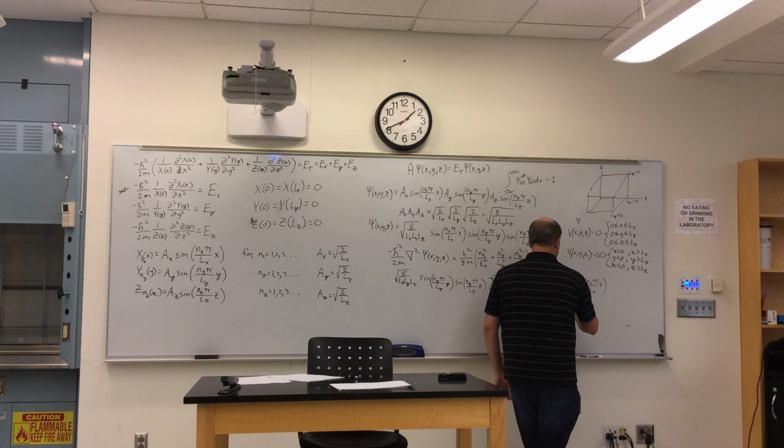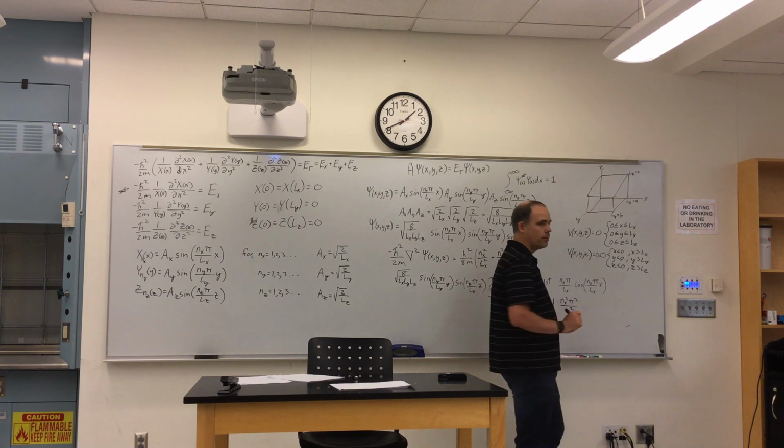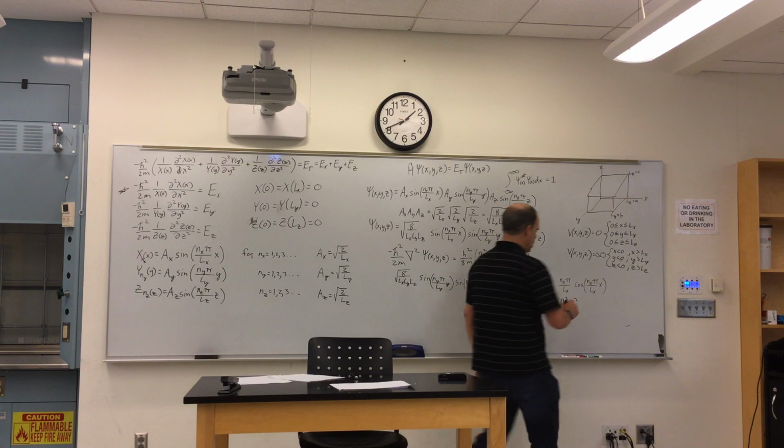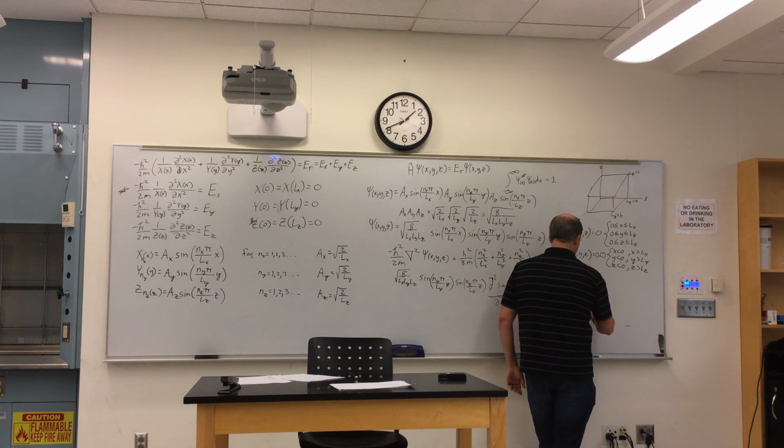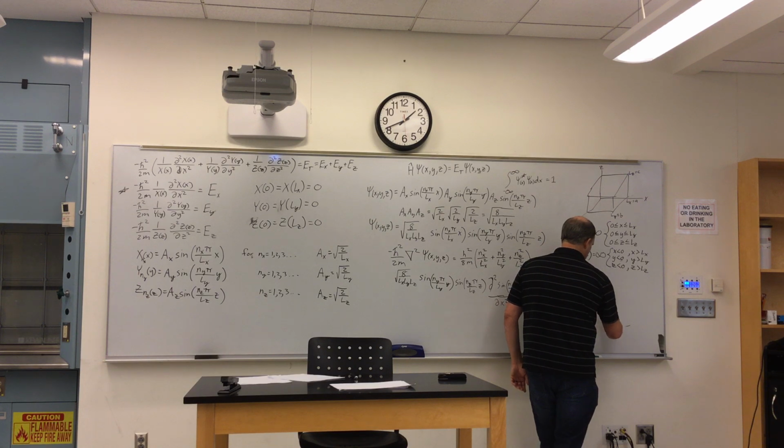So we would get nx squared pi squared over Lx squared, and then times the negative sine of nx pi over Lx x.